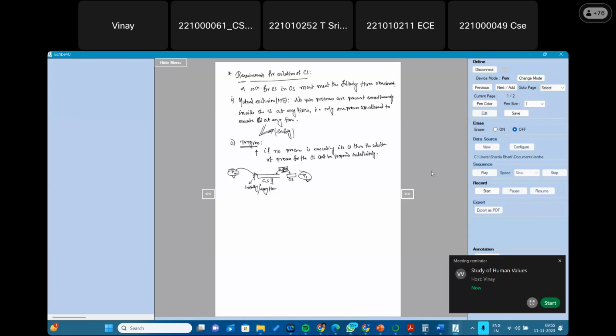Okay. So basically it ensures prevention of deadlock.